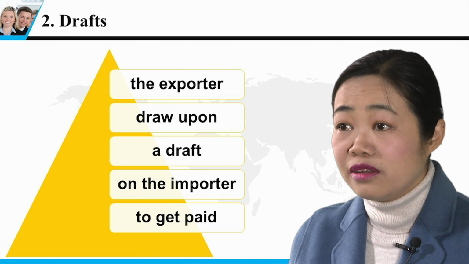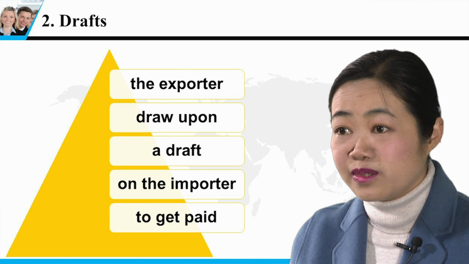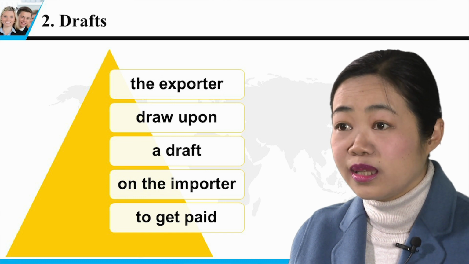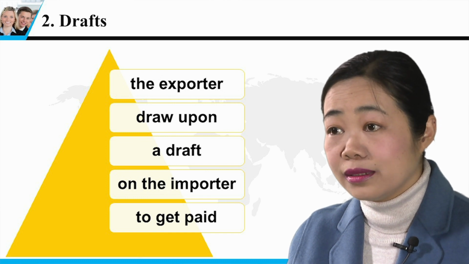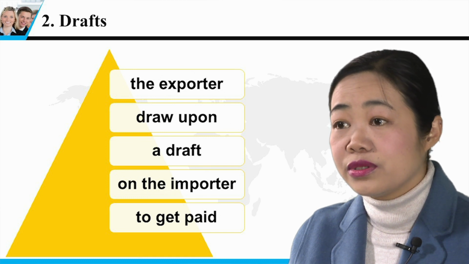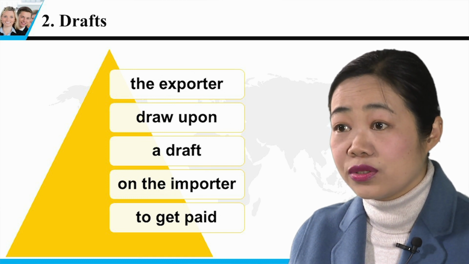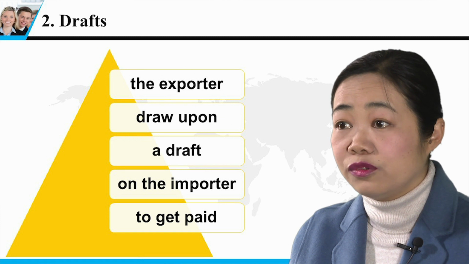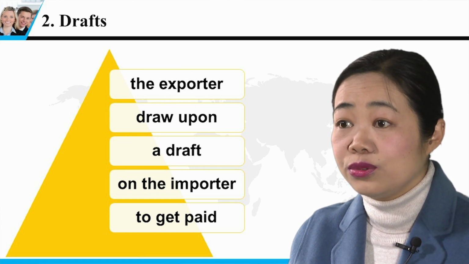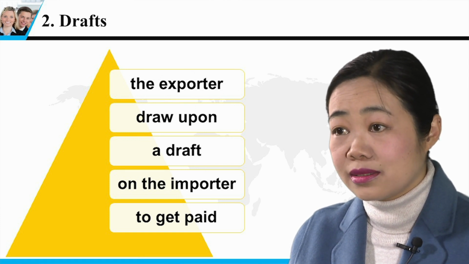By using a draft with other shipping documents through the banking system, an exporter can ensure greater control of the goods, because until the draft is paid or accepted by the overseas buyers, the goods cannot be released.